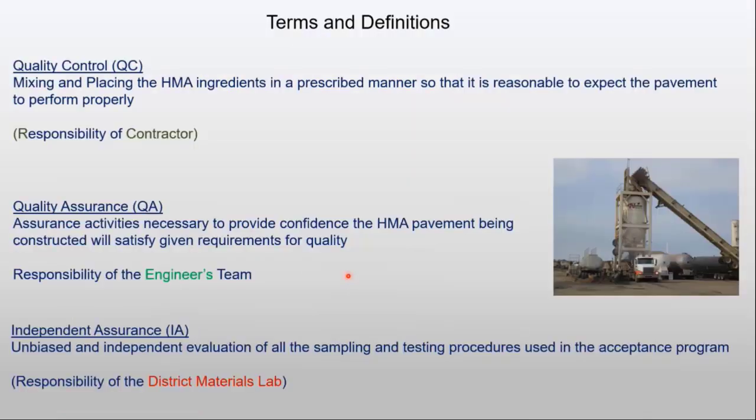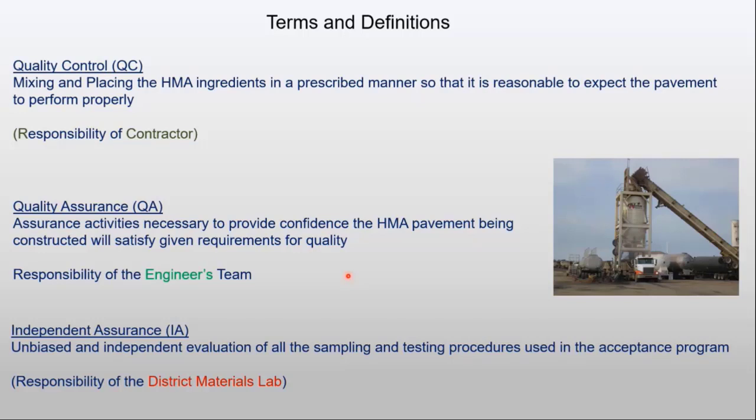Some definitions. Hot mix asphalt is probably our only full-fledged quality control, quality assurance specification. There are a few definitions that we use throughout the presentation. Quality control is mixing and placing of the HMA ingredients in a prescribed manner so it's reasonable to expect the pavement to perform properly, and that's the responsibility of the contractor.